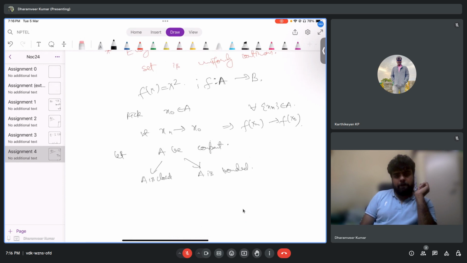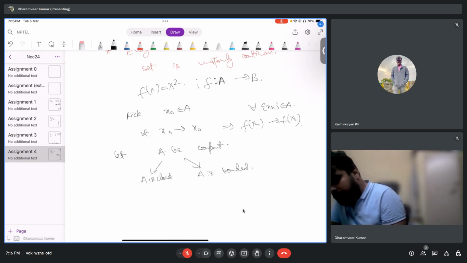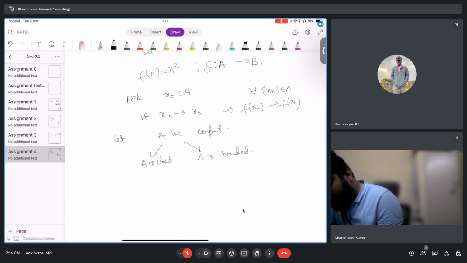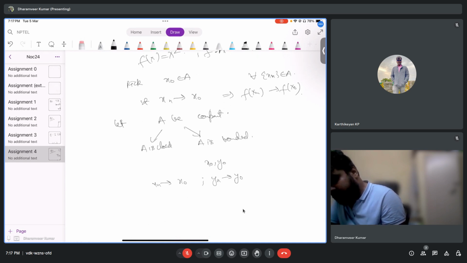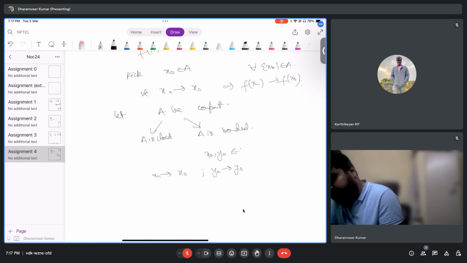Okay. Now pick two points, x naught and y naught, such that x_n converges to x naught and y_n converges to y naught in A. And since these are continuous, that implies f(x_n) converges to f(x naught) and f(y_n) converges to f(y naught).